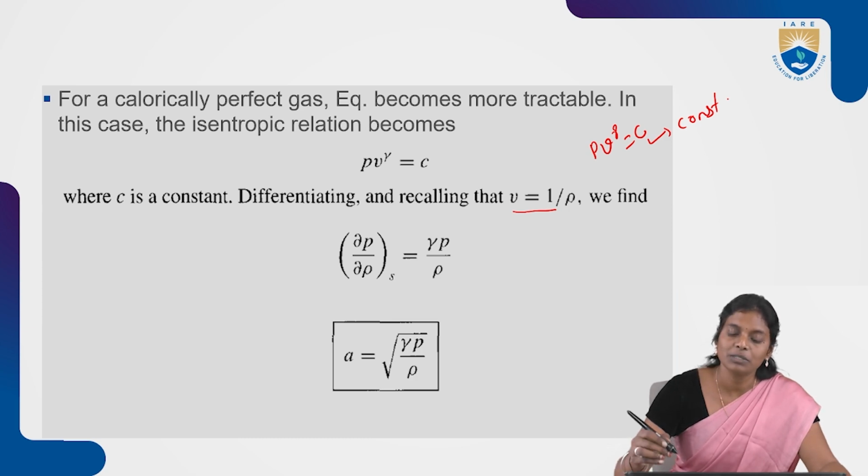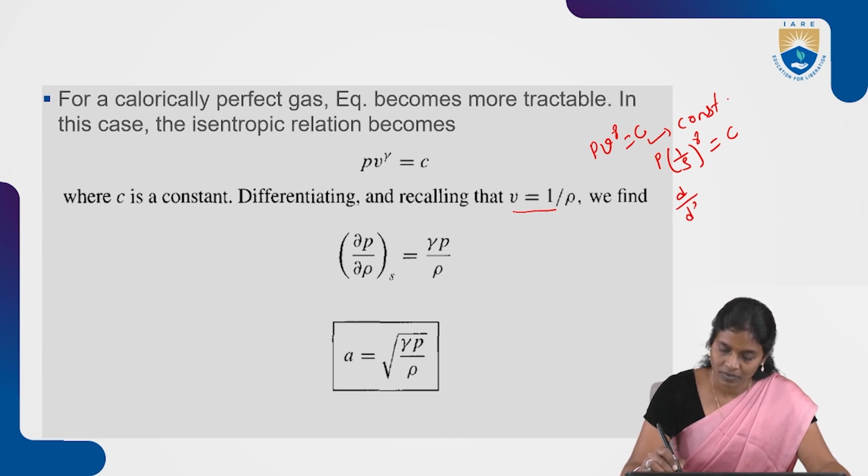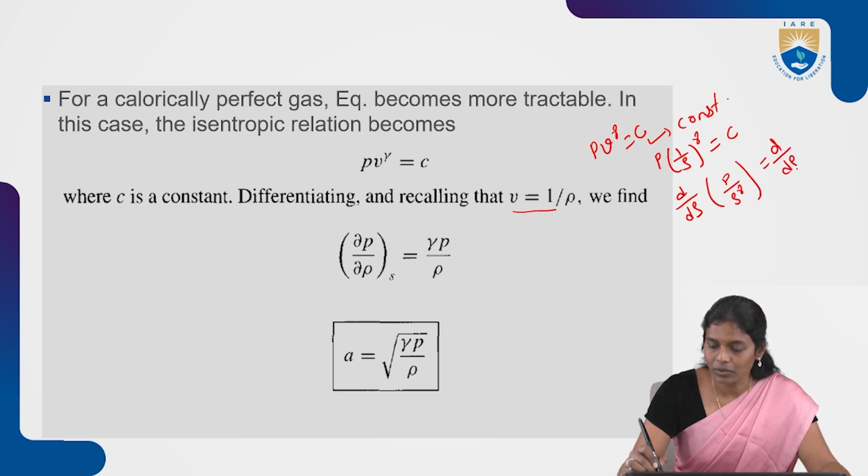For this particular one, we can write P into 1 by rho to the power gamma equal to constant, right? Further, we are going to differentiate. When you differentiate this, we write d by d rho of P by rho gamma equal to d by d rho of C. This will anyhow be 0.